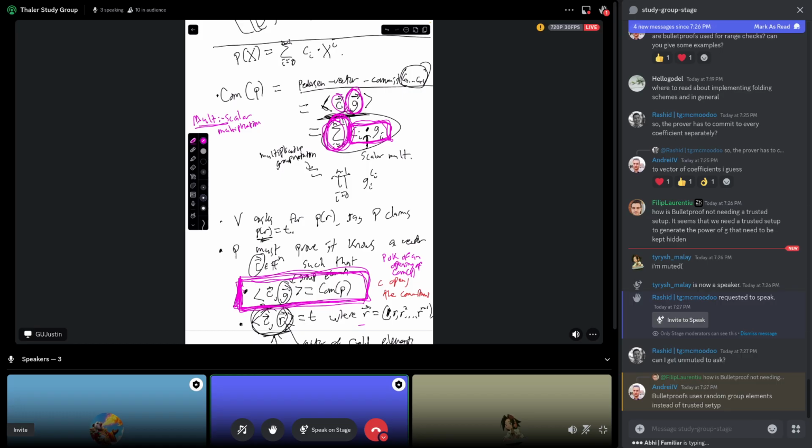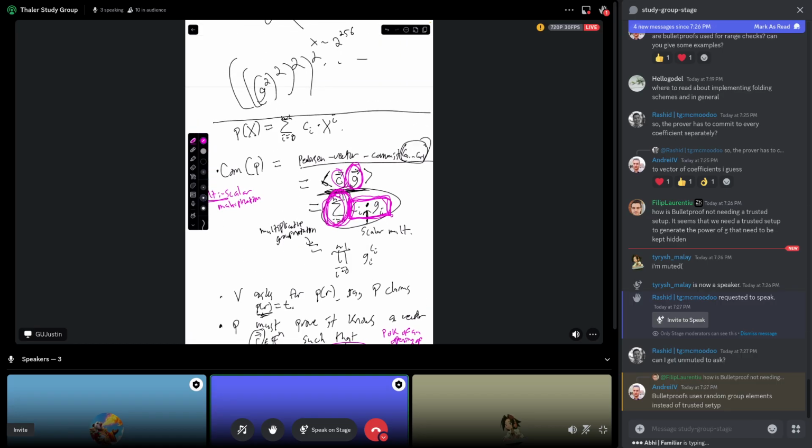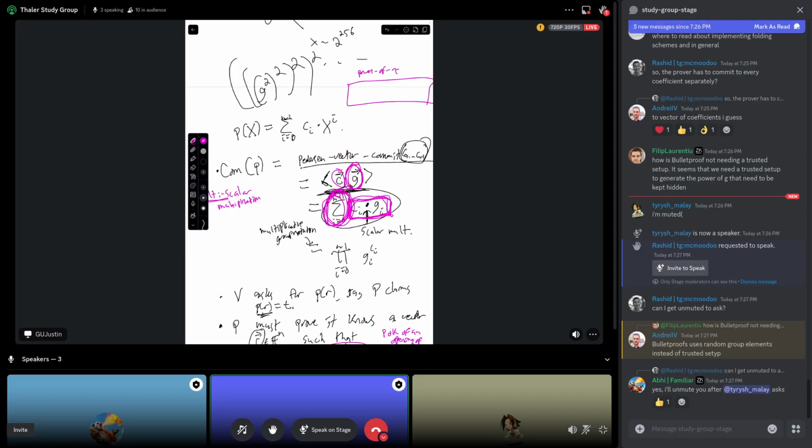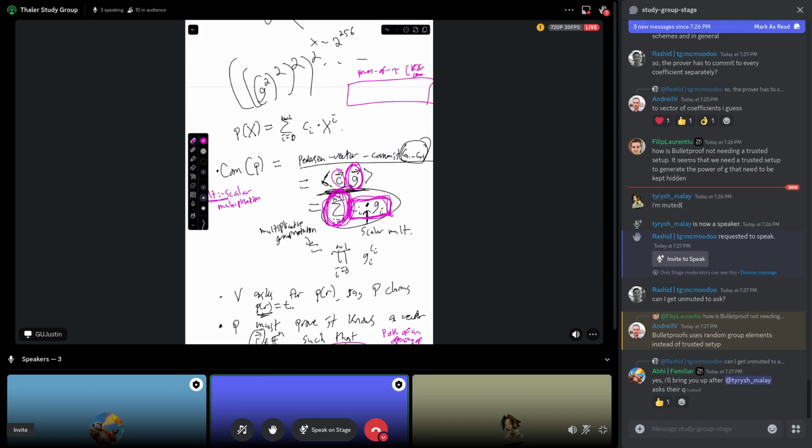Typically a trusted setup is what's called powers of tau, which is used by KZG commitments, not Bulletproofs. With the powers of tau setup, the commitment key is G, G to the tau, G to the tau squared, G to the tau cubed, up to G to the tau to the n minus one. These are not random group elements because they have a very important relationship between each of them.